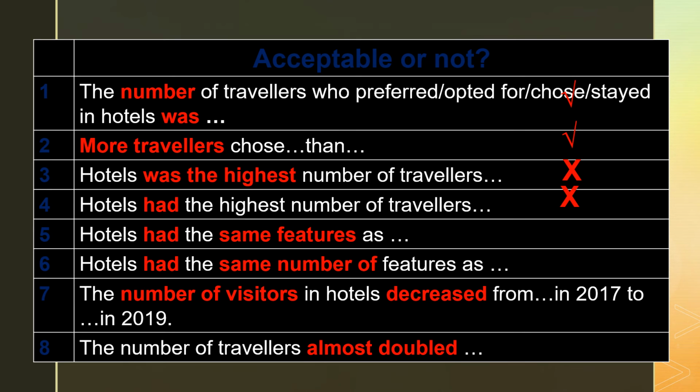Choice of accommodation, the word choice used, you can use preferred, opted for, chose, or stayed. Hotel had the same features, wrong. Just now I told you, you may use offered, provided.